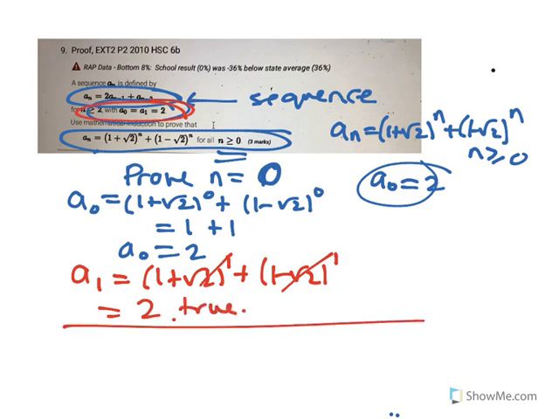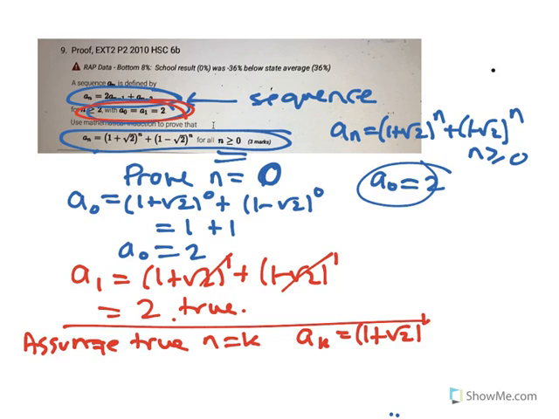Alright, so with this type of induction, with the sequence proof, what we then have to do is assume true for n equals k. That would mean a_k equals (1 plus root 2) to the k plus (1 minus root 2) to the k. And also assume true for k plus 1.